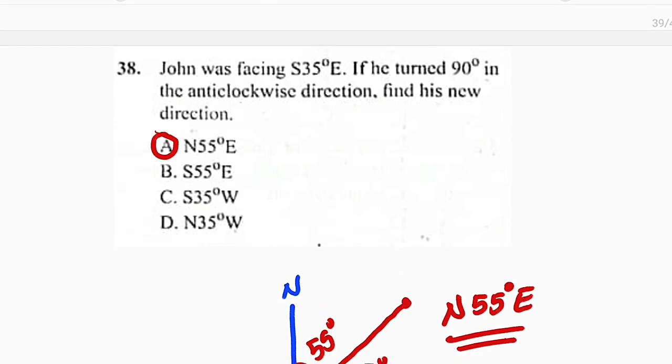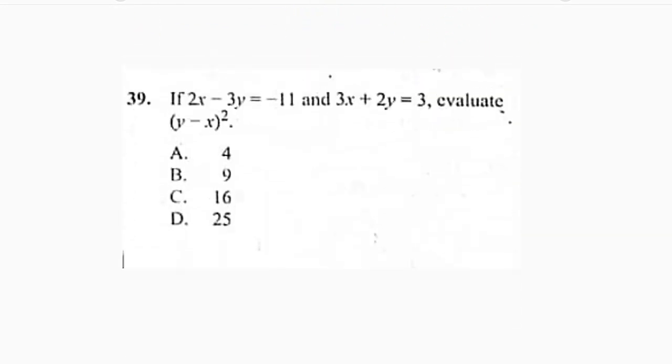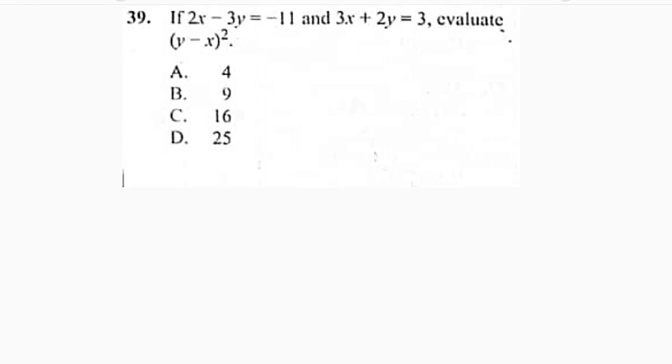Question number 39. We are given a system of equations here, 2x minus 3y equals negative 11, then 3x plus 2y equals 3. We are asked to evaluate (y minus x) whole squared.